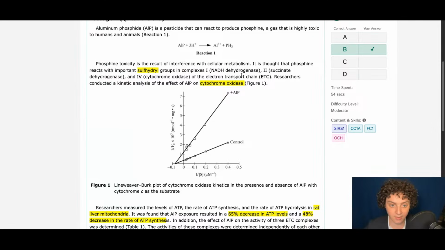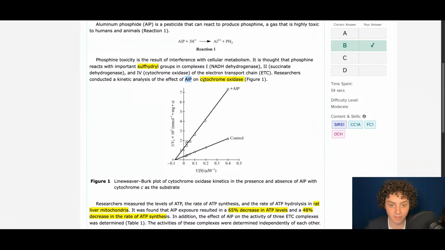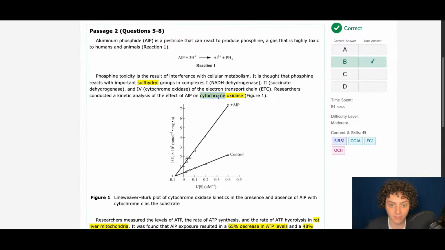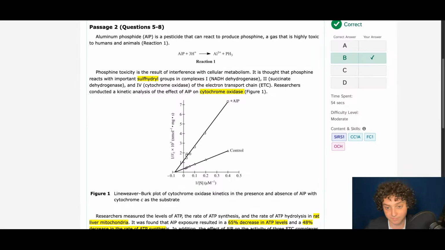Researchers conducted a kinetic analysis of the effect of AlP on cytochrome oxidase, which is one of those things that they just mentioned. So they conducted this kinetic analysis, aka an analysis of the speed of the reactions, of the effect of AlP, which is aluminum phosphide, on cytochrome oxidase.